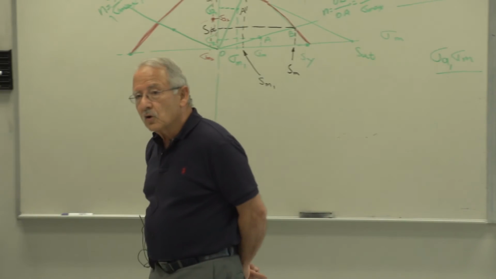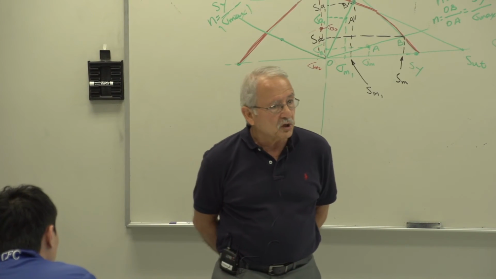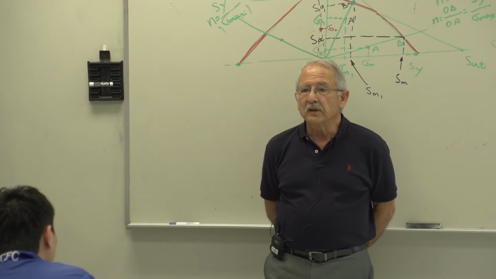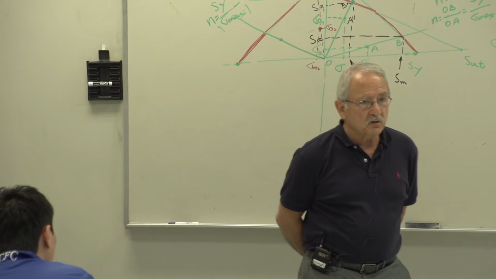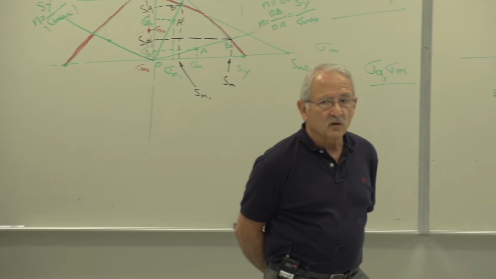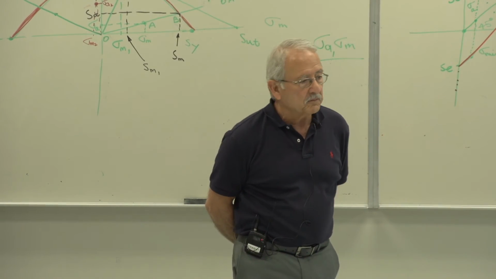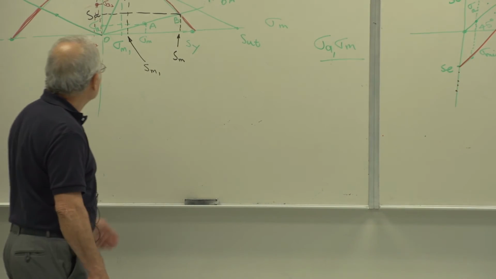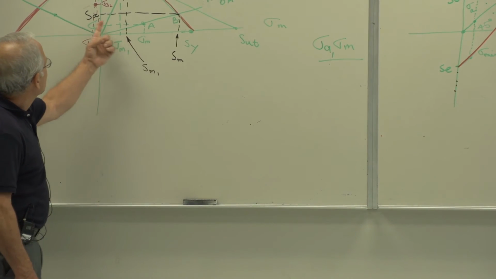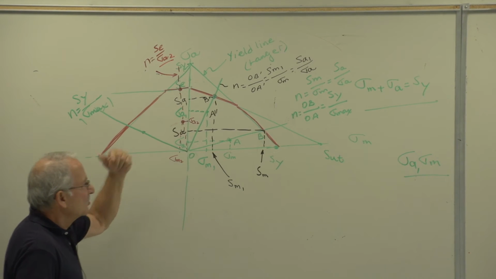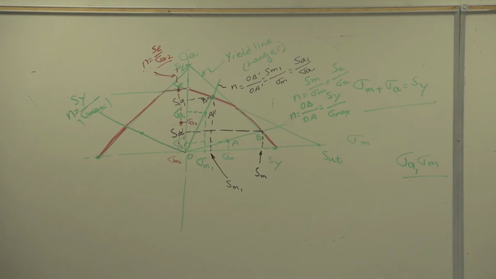So if the failure locus is linear, you should be able to write the equation of the load line, write the equation of the failure line, just like you did for static failure, solve them together to find the limiting values, and then the factor of safety. By limiting values, I mean these: SM, SM1, SA1, and so on.